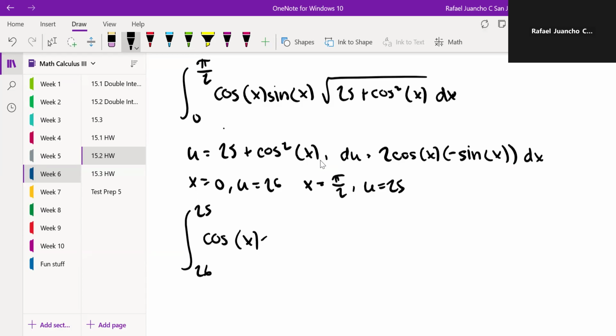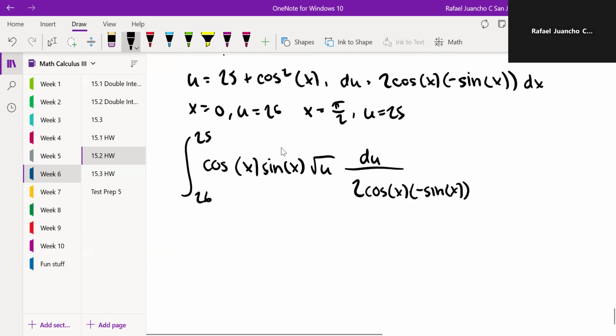This square root u du over 2 cosine x minus sine x. And what happens here?